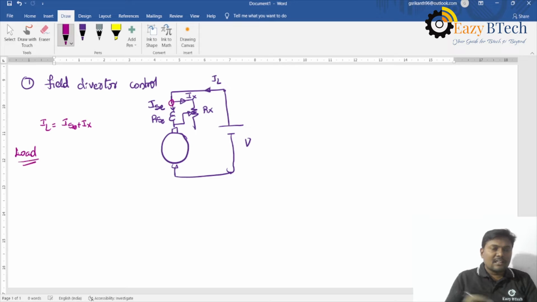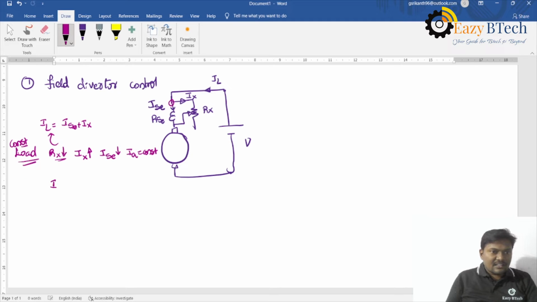For a particular value of load, if RX decreases, then the current IX increases and the current flowing through the series field winding decreases, in order to maintain the load torque constant.